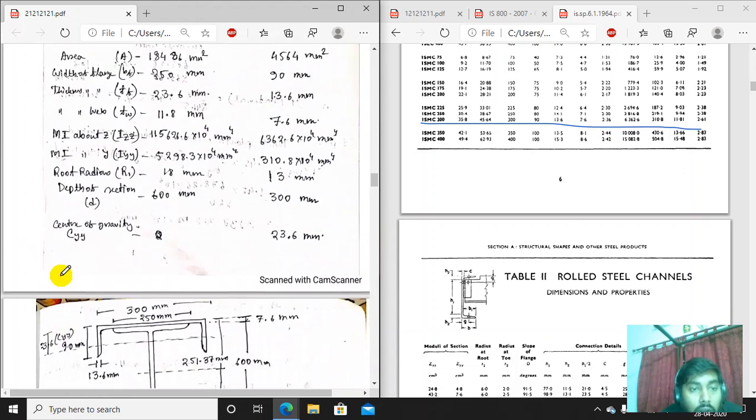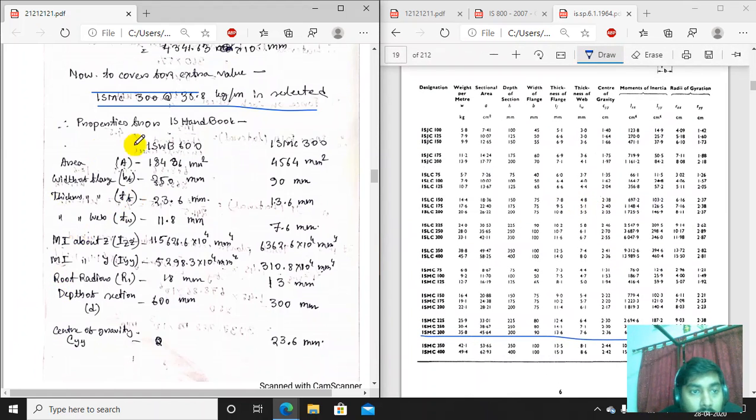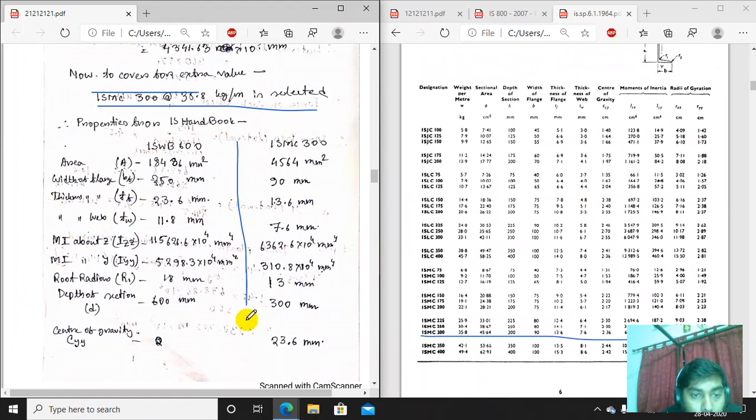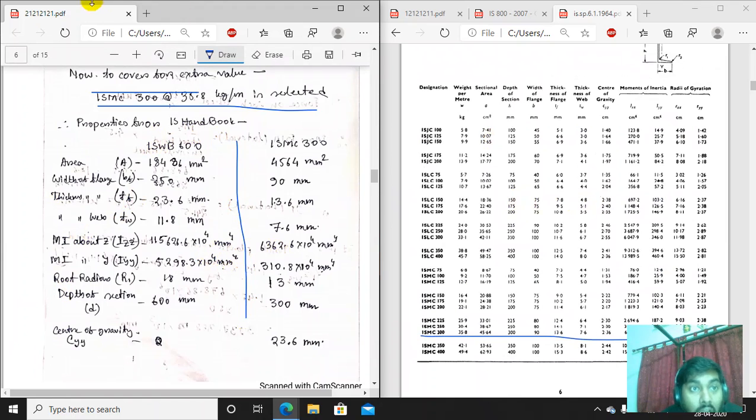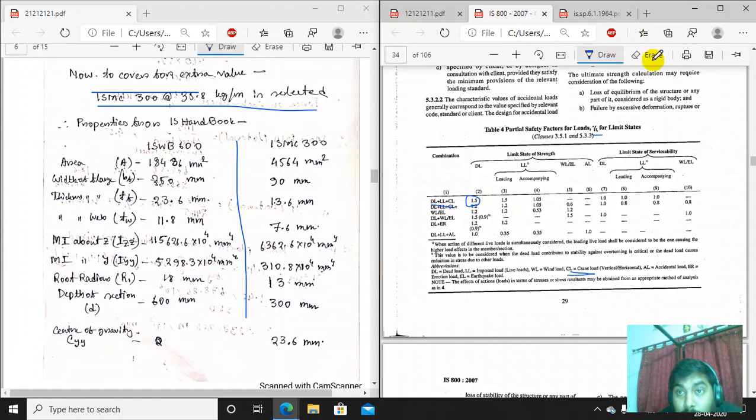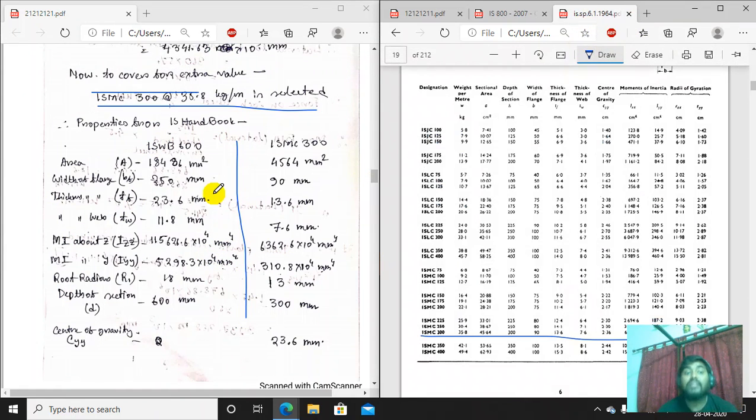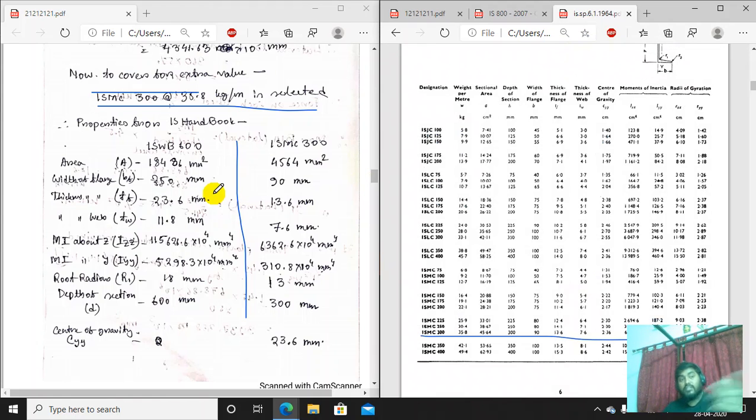Writing all the properties here, I think you can get all the properties from this IS SP6 or IS 800 at the last pages in your code. You can see the plastic section modulus, and all the sections are also given there. So I have written all the values there. CYY, the center of gravity, will also be required for the channel section only, so I have written that also.